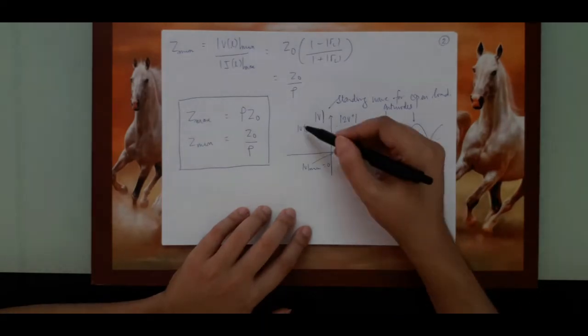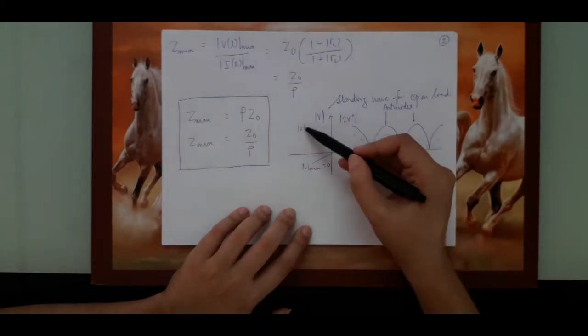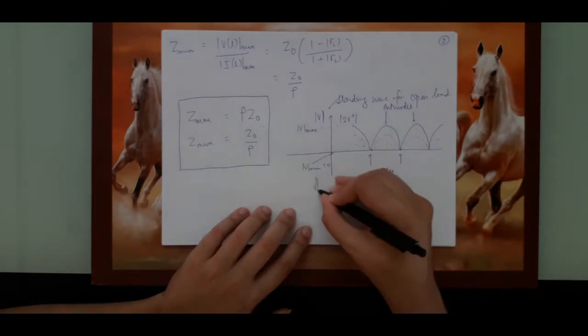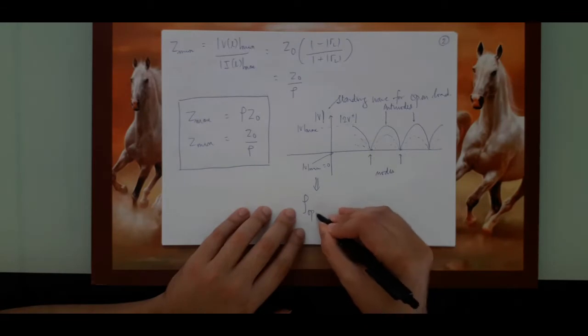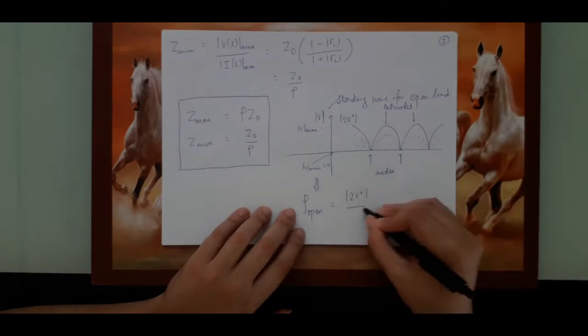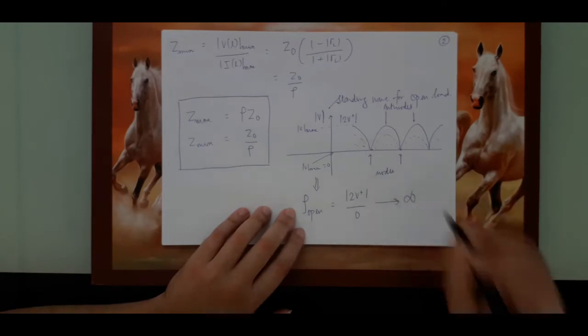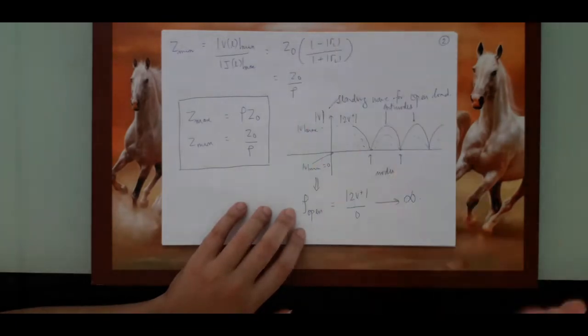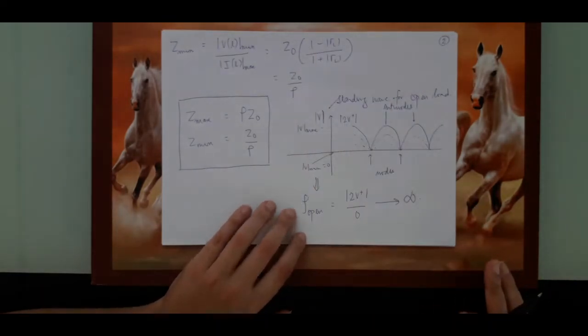So if you simply take a ratio of maximum voltage magnitude by minimum voltage magnitude, you will see that the VSWR or the rho for open is nothing but 2V plus by 0, which tends to infinity, which further proves that an infinite standing wave ratio is for open load. This is without using any of those relations using mod gamma L.